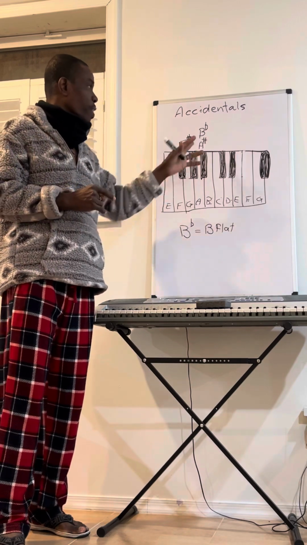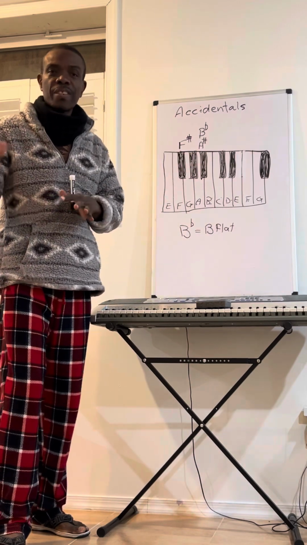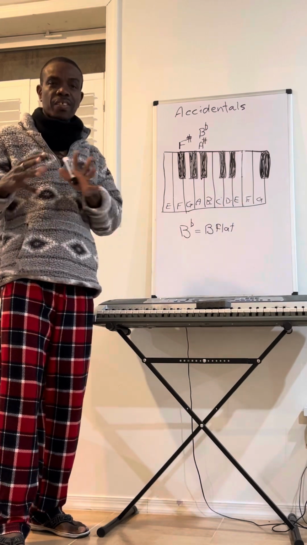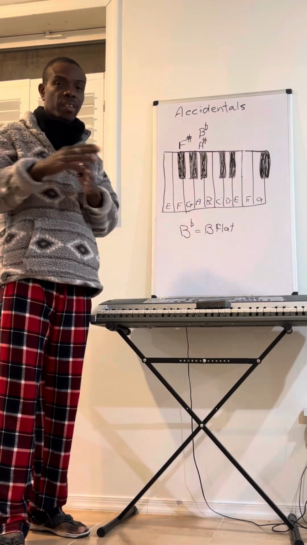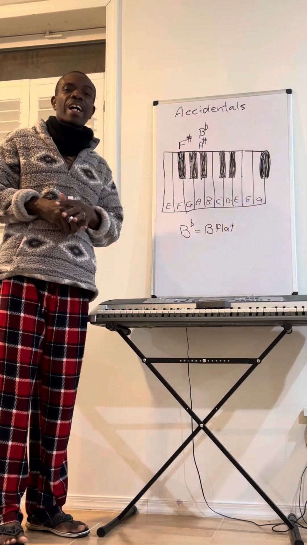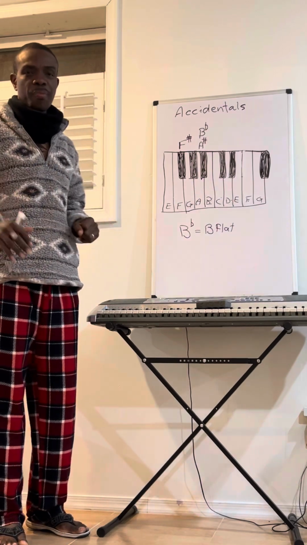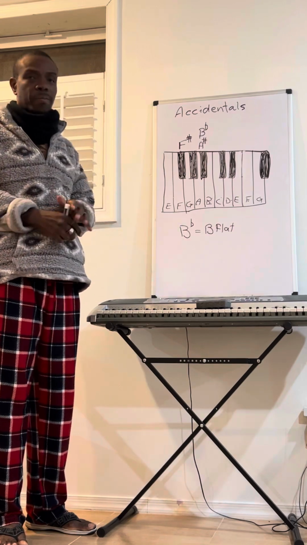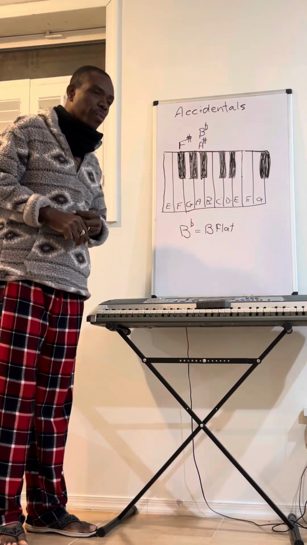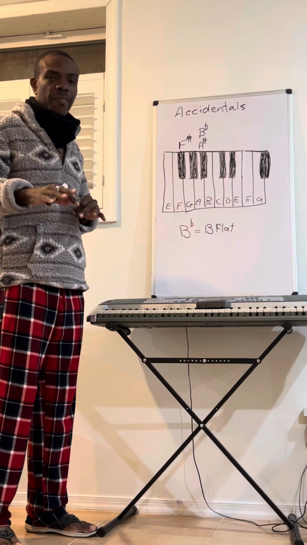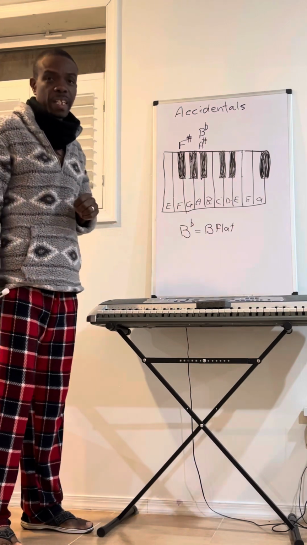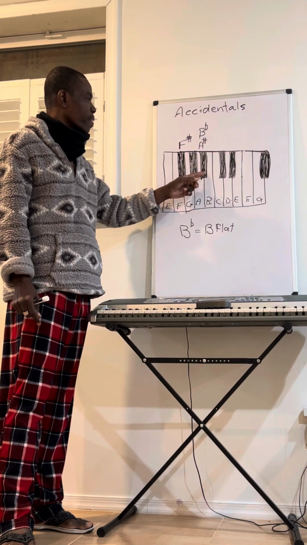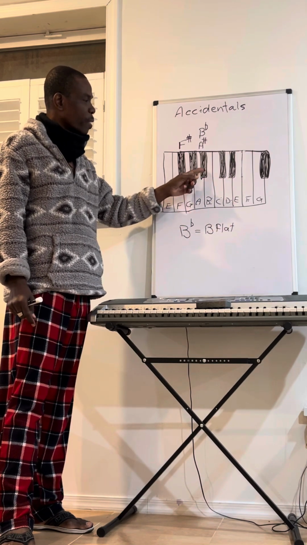So we have different scales. B flat will occur in one scale, and A sharp would occur in another scale, right? They're used in different contexts. Though if I ask you to play A sharp on your instrument, whatever instrument you play, and we'll get into that later on, I expect you to play this.